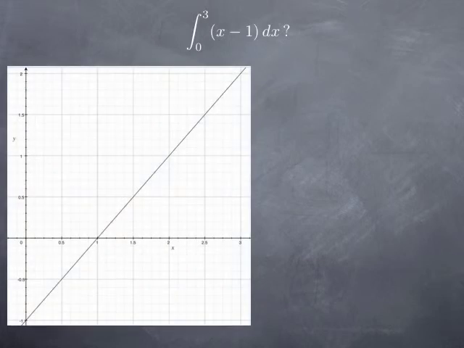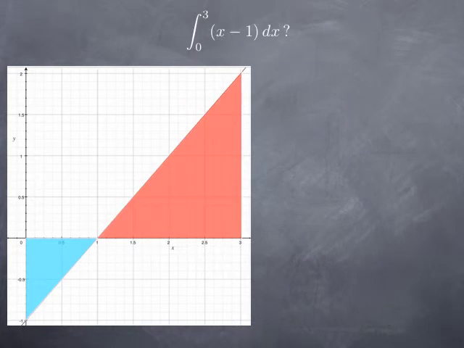Now going back to the geometric interpretation of integrals that we have seen, this integral should be obtained by looking at the area between the graph of the function, this straight line, and the x-axis, and count positively the area that is above the x-axis and negatively the area that is below. So here, the graph is below the x-axis, so this blue area is going to be counted negatively, while this red area above the x-axis is going to be counted positively.